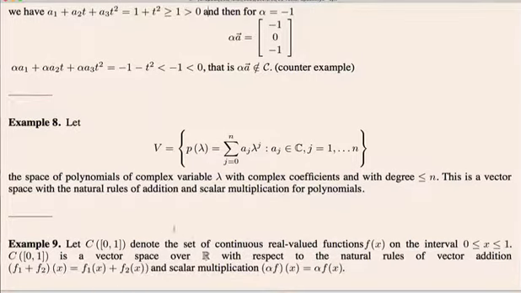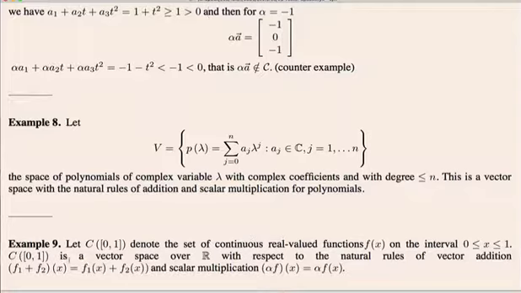In a final example, let C01 denote the set of continuous real-valued functions f of x on the interval x greater than or equal to 0, less than or equal to 1. So this 0, 1 closed interval is there in the notation, and C stands now for continuous functions, real-valued.